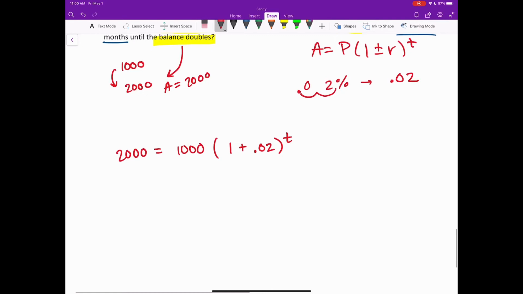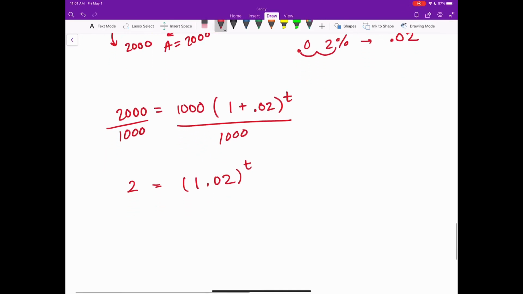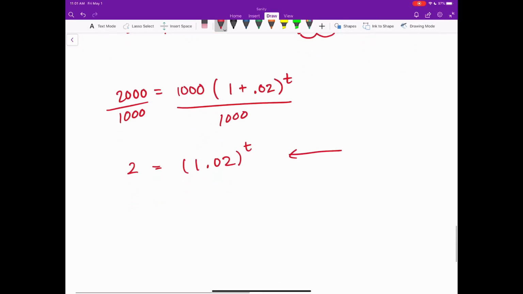I'm just going to keep it with t here, and then we can just start to solve. So again, I got to get this into a simple exponential equation. I'm going to divide by 1,000 on both sides, and that's going to give me 2 equals 1.02 raised to the power of t. And then, yes, that is a simple exponential equation.